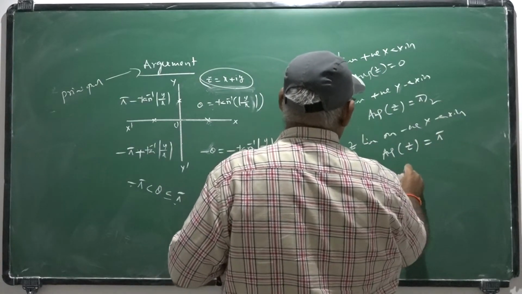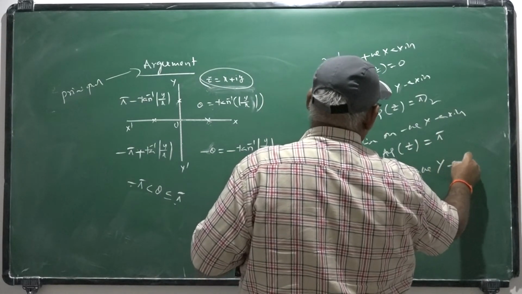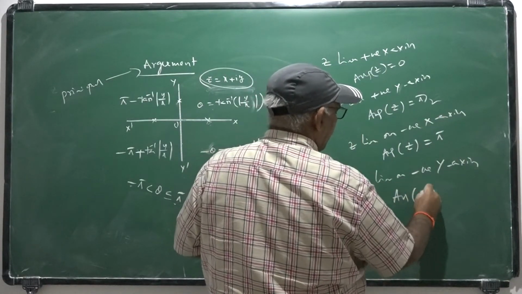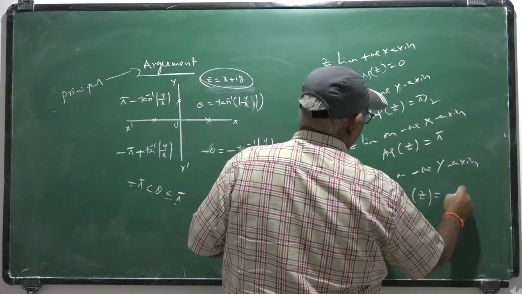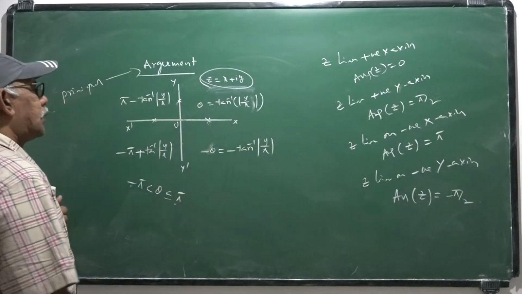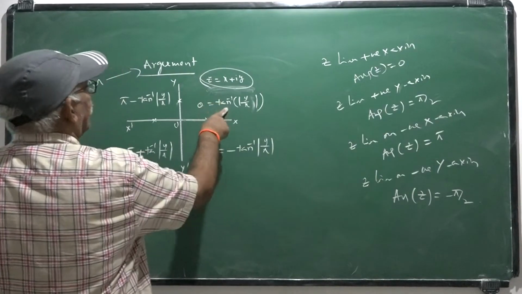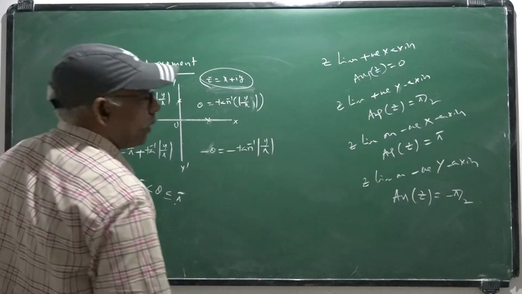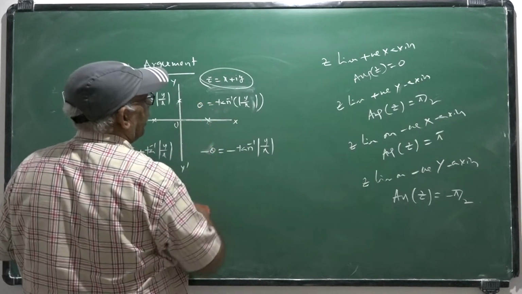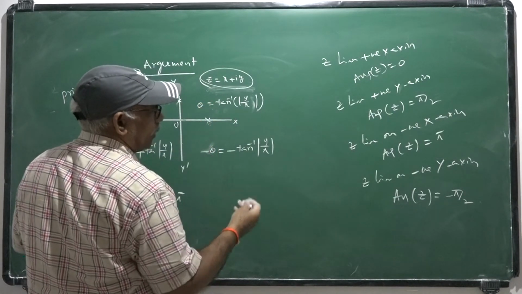If z lies on the negative y-axis, the principal argument of z is minus pi by 2. Like that. And once it lies in the first quadrant, it lies between 0 and pi by 2, of course 0 and tan inverse of mod y by x.